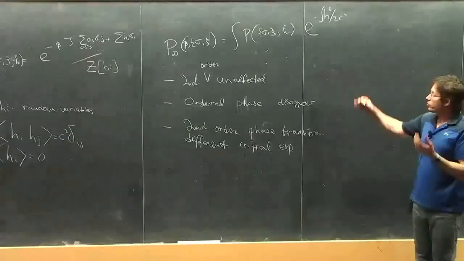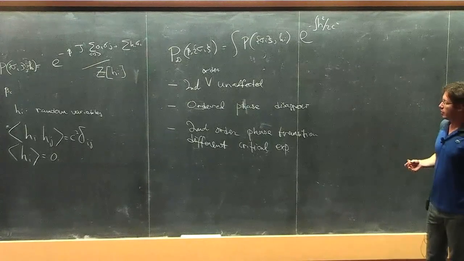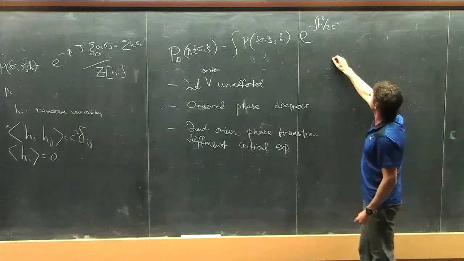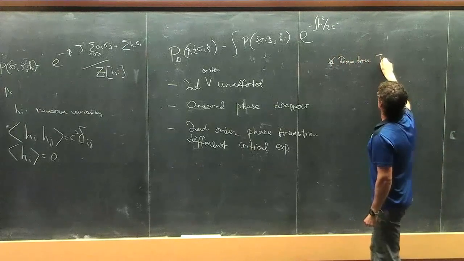Okay, so you could consider random magnetic fields, but you could also consider random temperature. What does it mean to have random temperature?